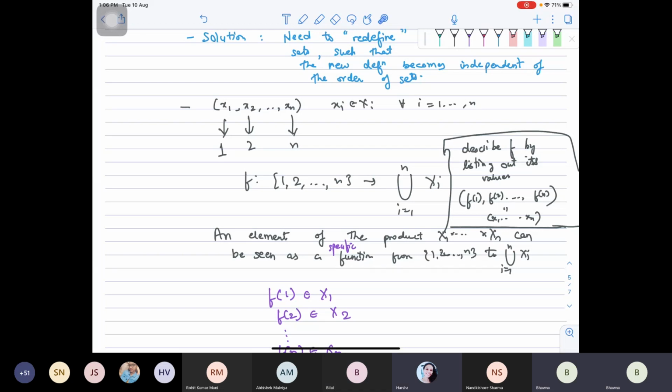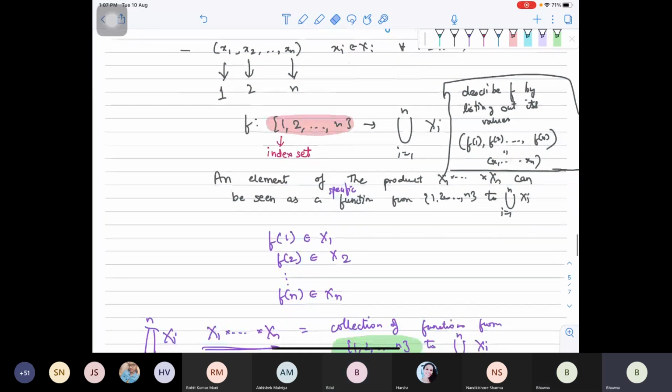Now the domain of this function is called the index set. So whatever index set is given to us, I can define the product independent of the order of the elements in the tuple.